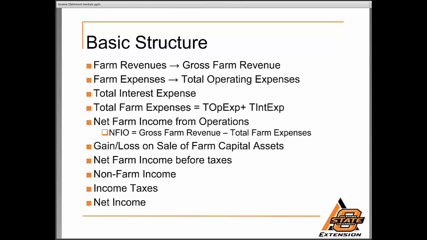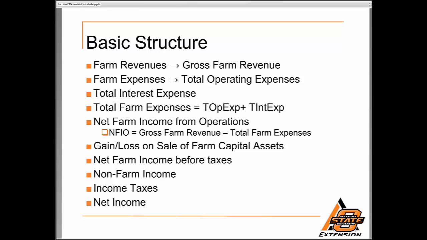To build on these main components, we compute gross farm revenue from the cash income received from regular farm operations and include revenue adjustments. Farm operating expenses include all farm cash expenditures and accrual adjustments. Total farm interest expense is kept as a separate line item from other farm operating expenses.